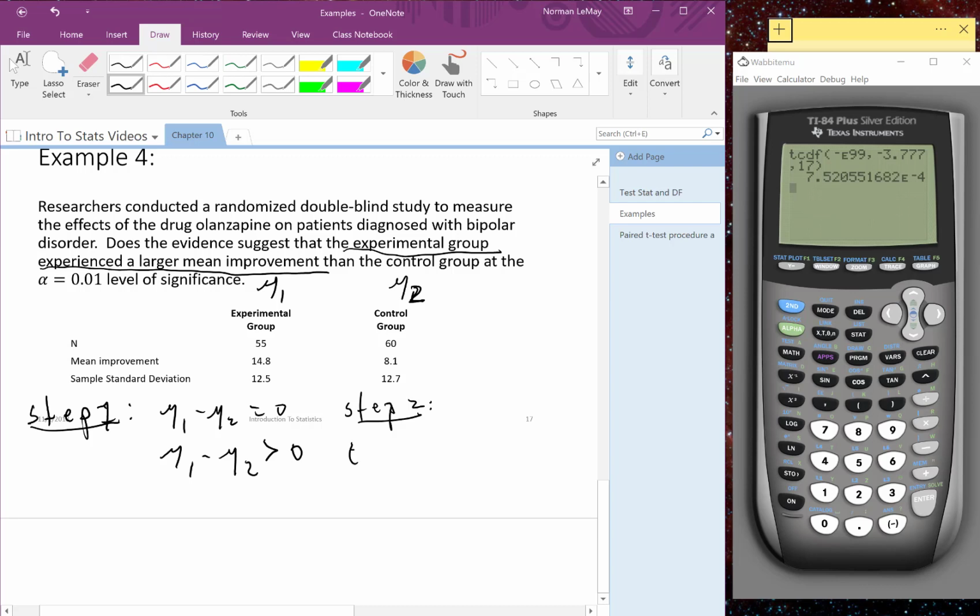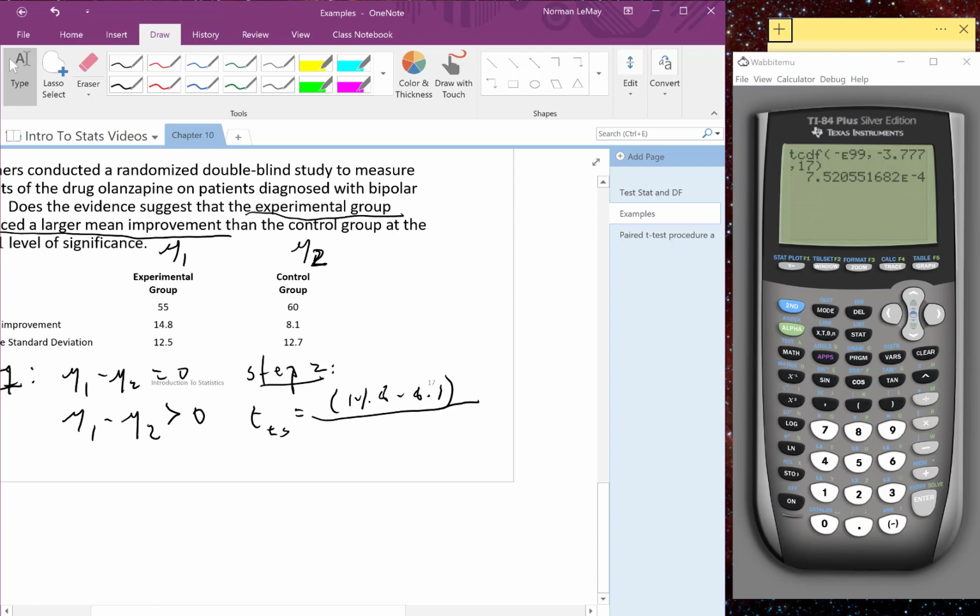So let's just note that our t-test statistic then is equal to 14.8 minus 8.1 divided by the square root of 12.5 squared divided by 55 plus 12.7 squared divided by 60.